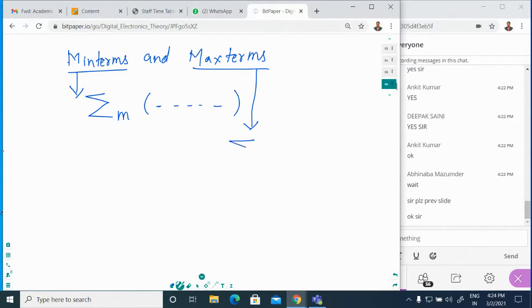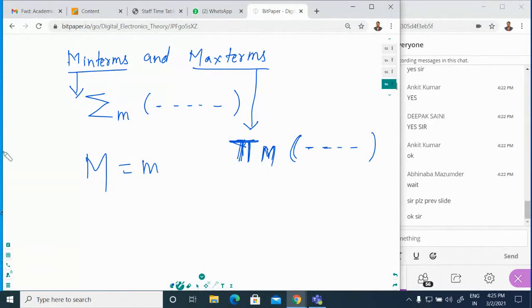The max term can be represented by the product of the numbers from 1 to n. It can be represented by this symbol, then you have to represent capital M and all the values in the product form. The max term is the complement of the corresponding min term, and we can represent the max term in terms of the min terms also.